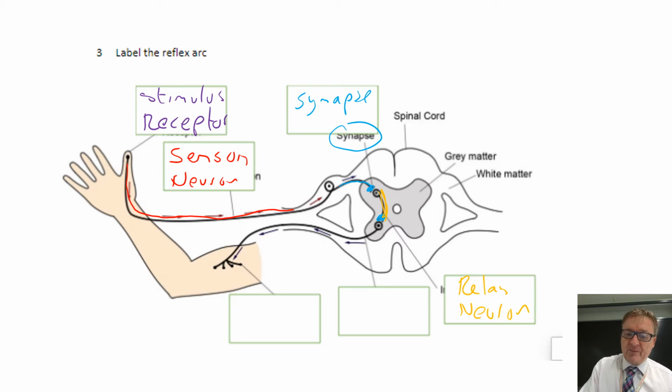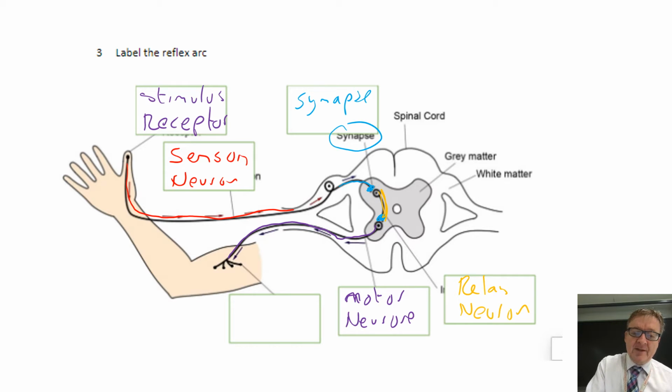Then it gets to this neuron here, which is called the motor neuron. That's an M, by the way, motor neuron. Okay, so if you think about it, sensory senses, relay passes information on, motor neuron makes you move or do something.